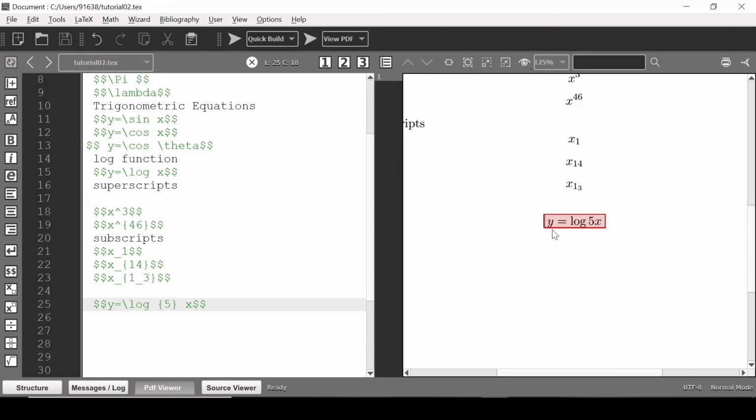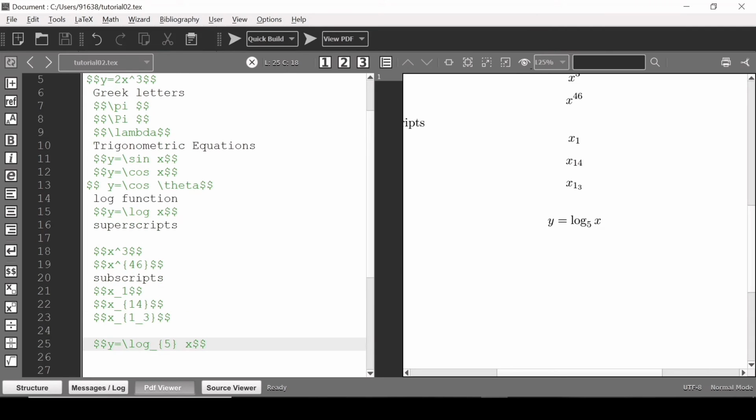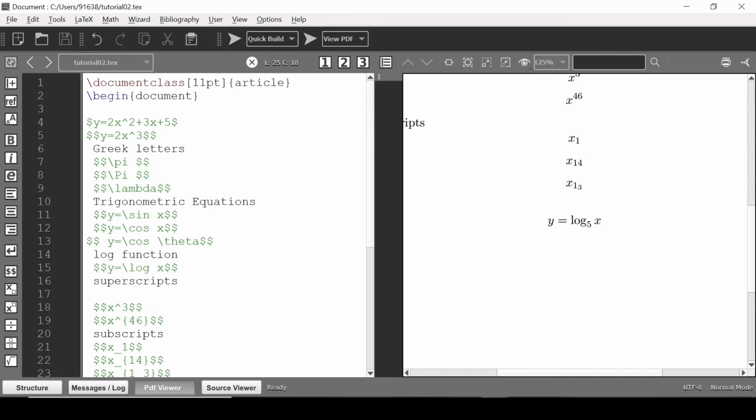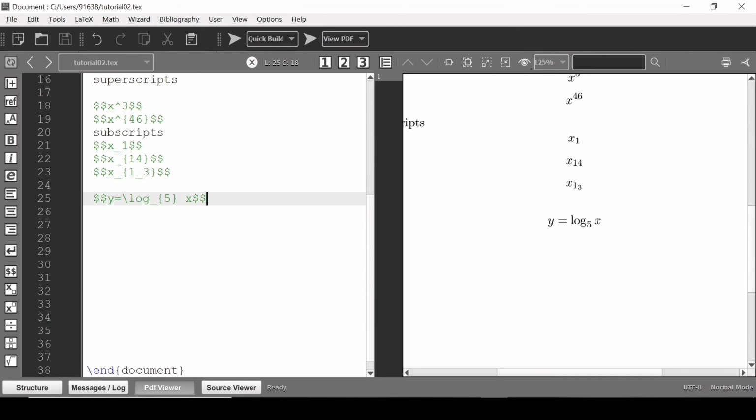No, the subscript sign is missing. So let's say y is equal to log base 5 of x. Simple. So we learned subscript, superscript, log functions, trigonometric equations, and Greek letters.